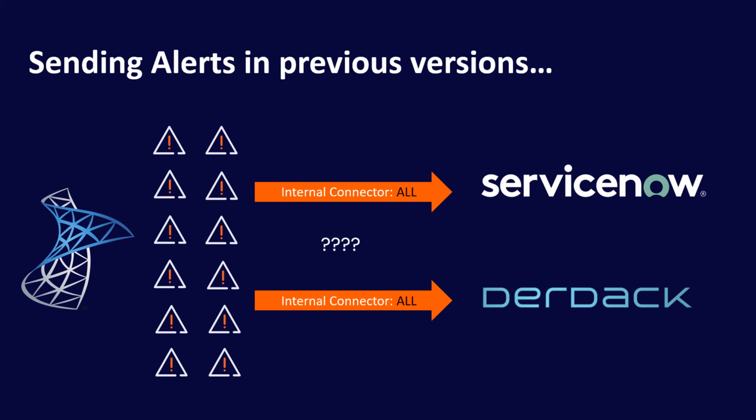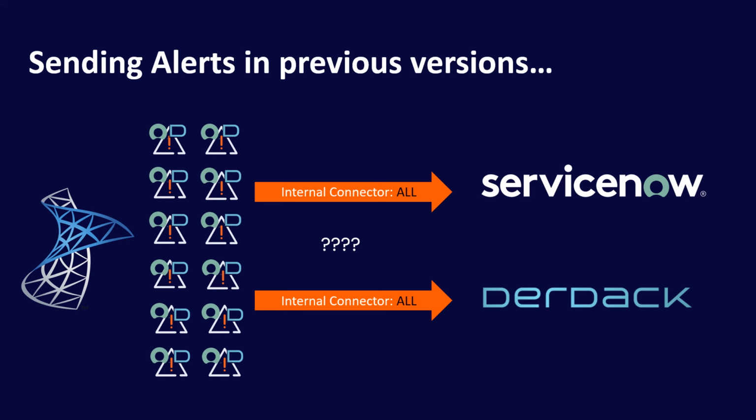Mysteries. All bets are off essentially is the answer, because what will happen is both connectors will make a claim for those alerts, and essentially it's a first come first served basis, which means what you get in ServiceNow and DirdAct in this example isn't going to be all in either case, not very likely anyway.